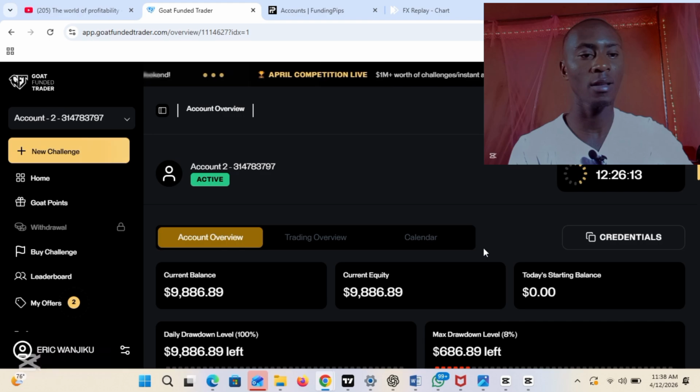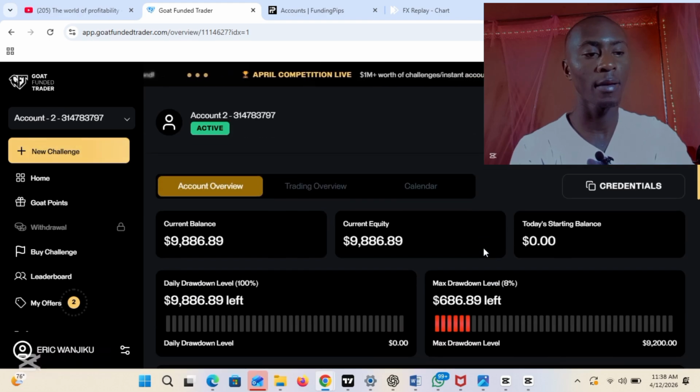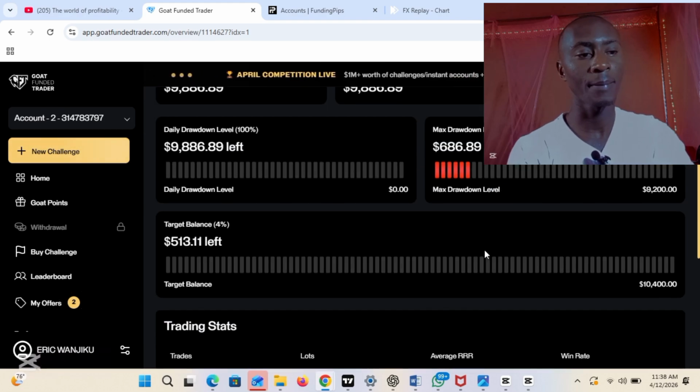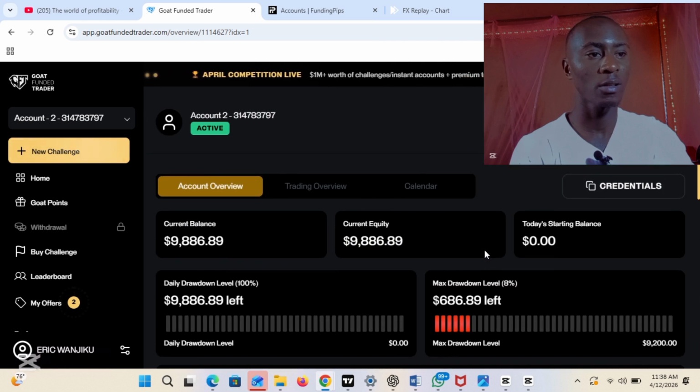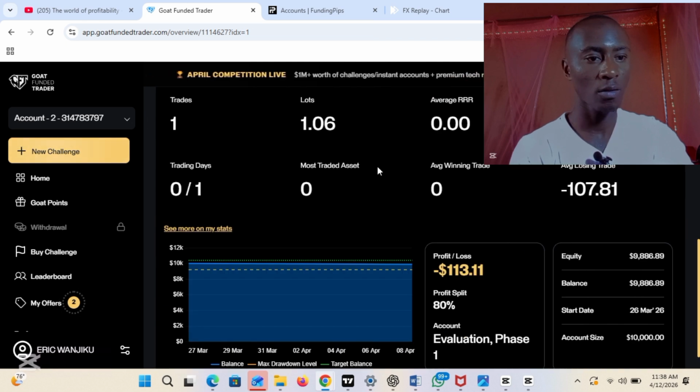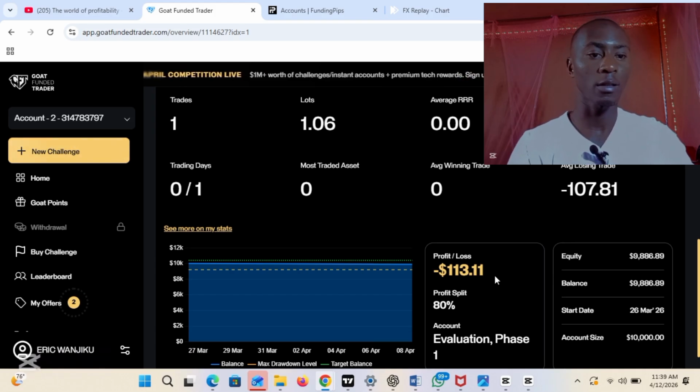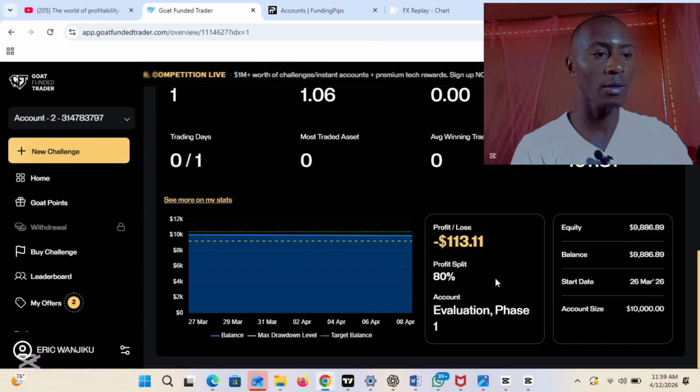After you've passed that account, you'll be able to pay the activation fee later. This account is a 10k account. I've also taken how many trades? 2 trades. Is it 2 or 1? Let me check. 1 trade, which was a loss of 1%. It's a 10k account, so $100 is 1%.